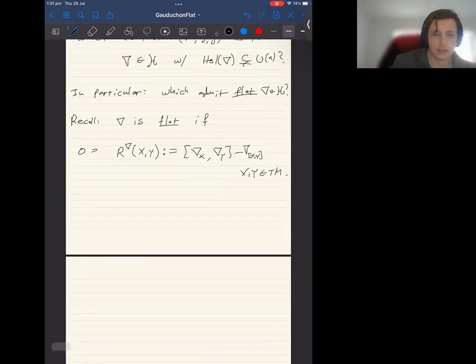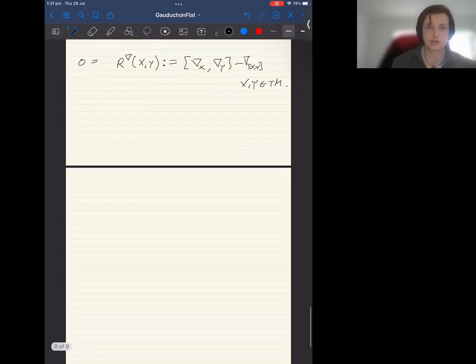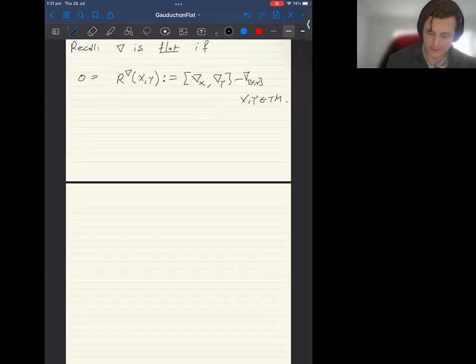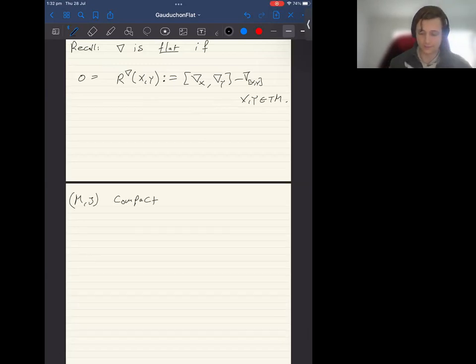So this has been answered over the years for a few of the distinguished Hermitian connections that I mentioned, right? So let's just take a manifold to be compact, and let's just consider the universal cover. Okay, so this is just notation. This is the universal cover.